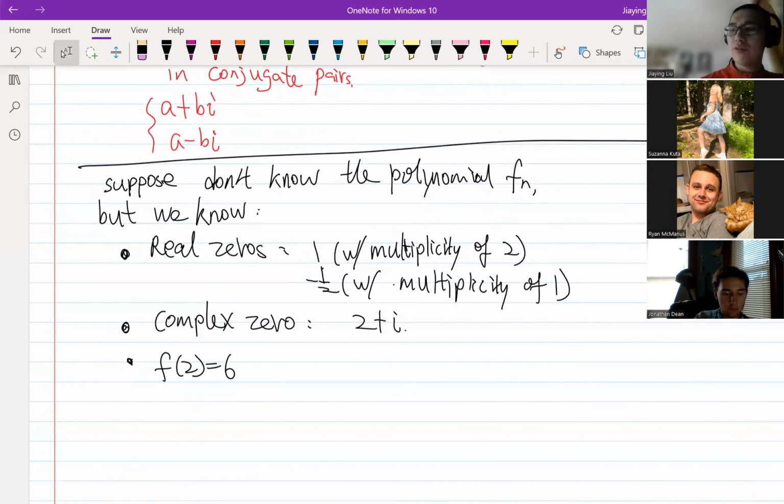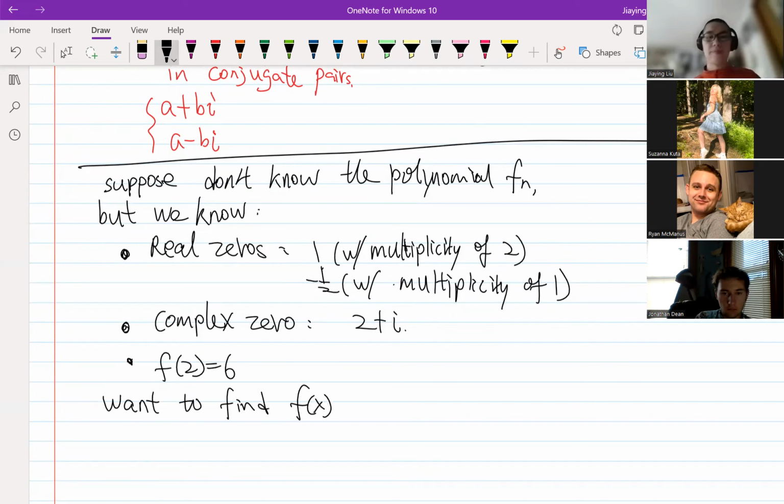What we want to find is this polynomial function f of x. So it has 2 real zeros, one complex zero is given, and when x equals 2, we get 6.